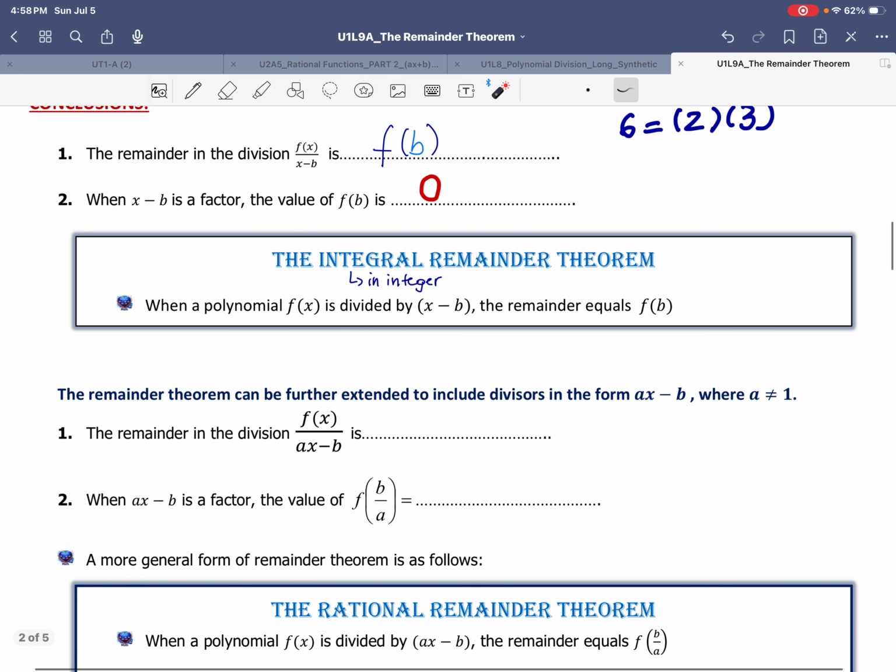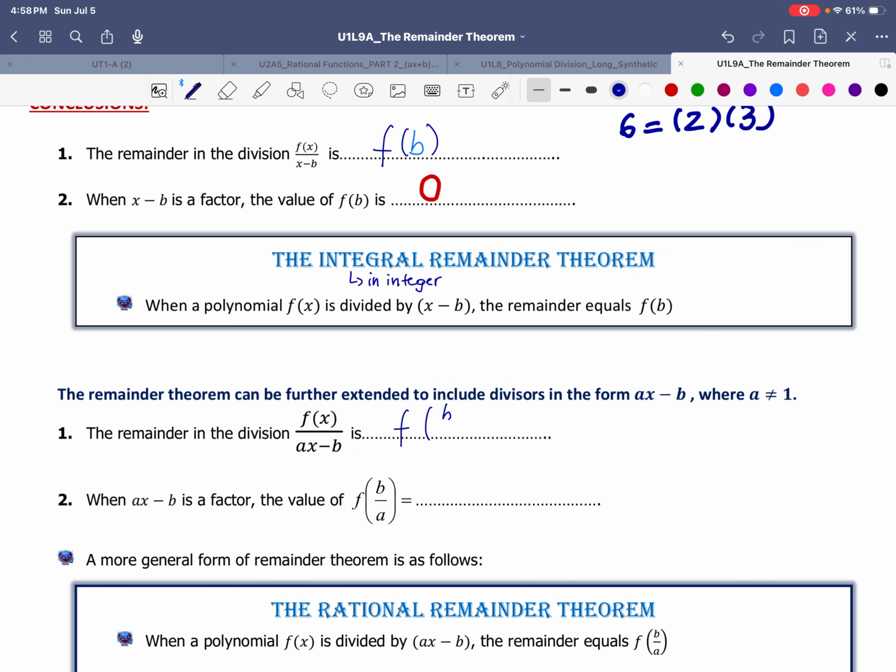Now, we will extend this theorem further to divisors of the form ax minus b, where a is different than 1. And we'll say that the remainder in the division, f of x over ax minus b, I want you to guess, is f at the 0 of ax minus b. Just like it is f at the 0 of x minus b, it's exactly the same thing when dividing by ax minus b. So we're going to say f at b over a will be the remainder. So if ax minus b is a factor, this remainder will be 0, or vice versa.